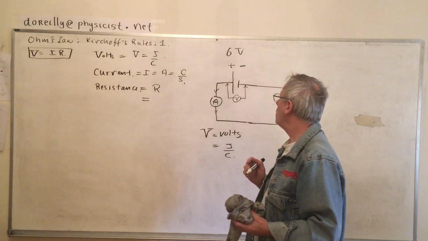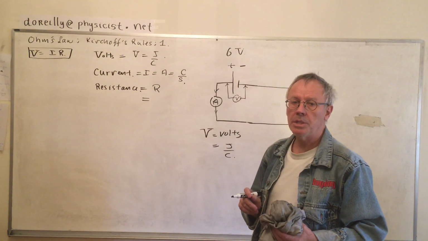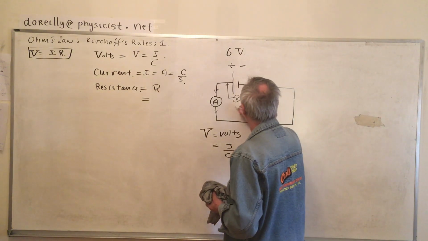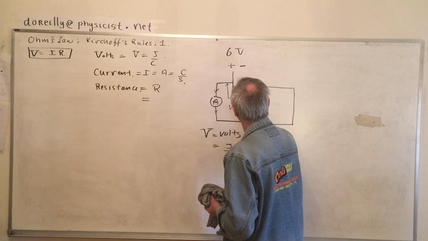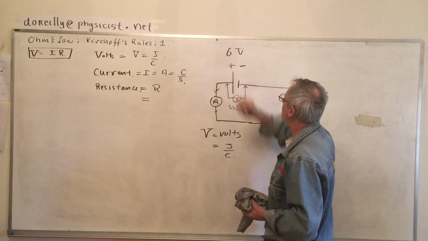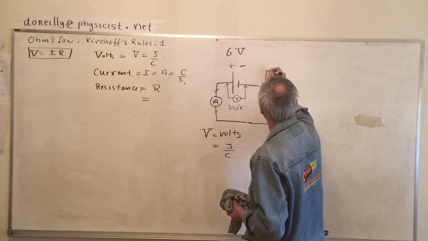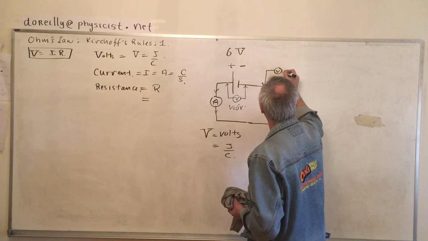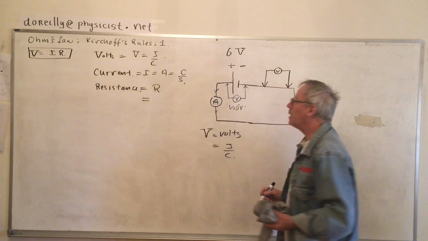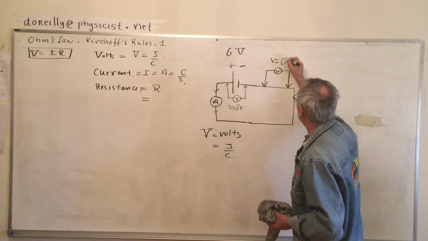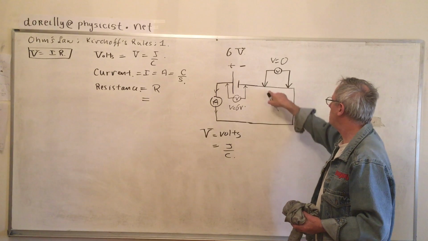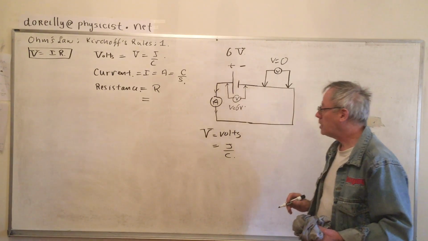Ask for a reading on the voltmeter, the voltmeter will read the potential difference. This one will read 6 volts because it's a 6 volt battery. We put a voltmeter here. I will get a reading of V equals 0. There is no potential difference between these 2 points on the conductor.